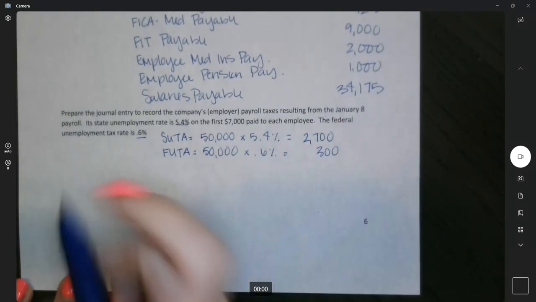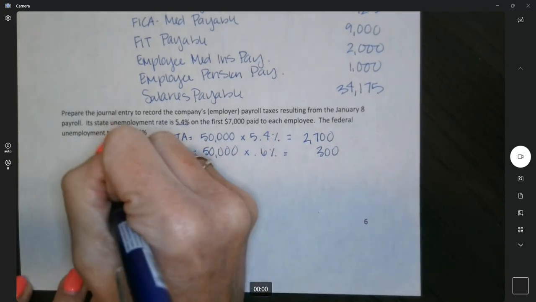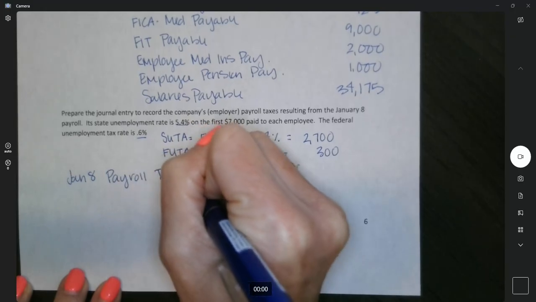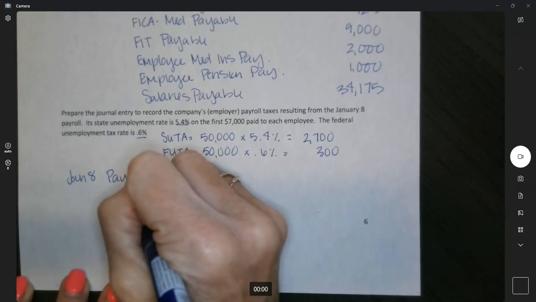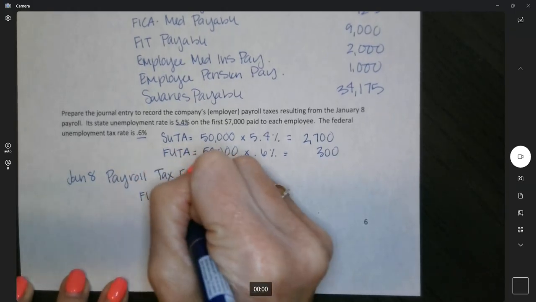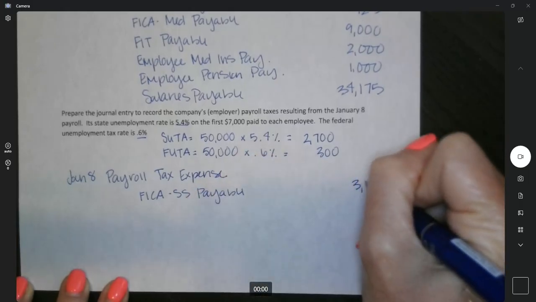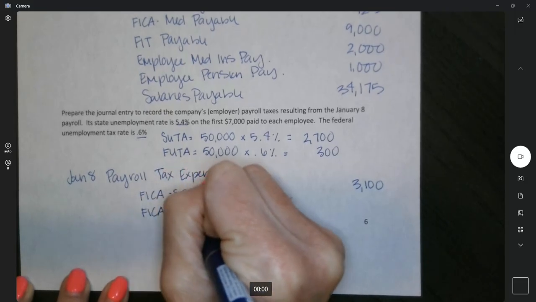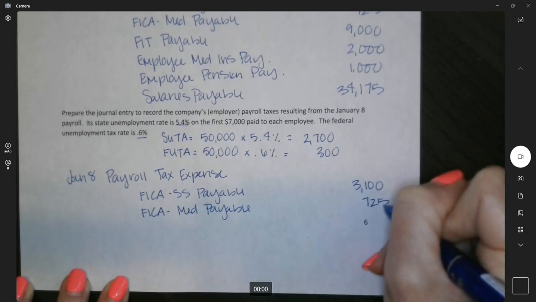So let's do that journal entry, January 8th. These are all debit to payroll tax expense. We'll add that up once we've got the totals. We are going to do the match for our FICAs. So FICA Social Security being 3,100 and FICA Medicare being 725.